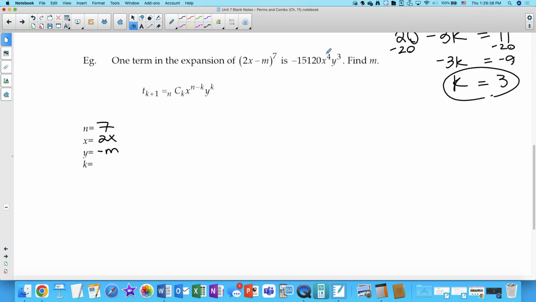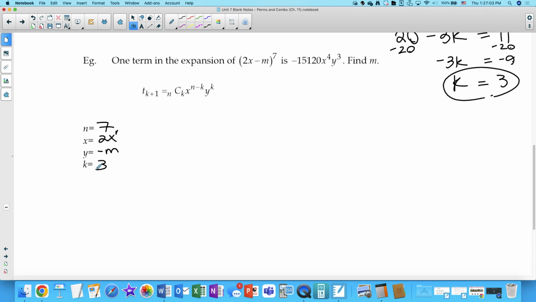We know that the first term is 2x, and the exponent on that is 4. So this is 2x to the 1, and that piece, the 4, has to equal n minus k. And so from there you can work out that k has to be 3.